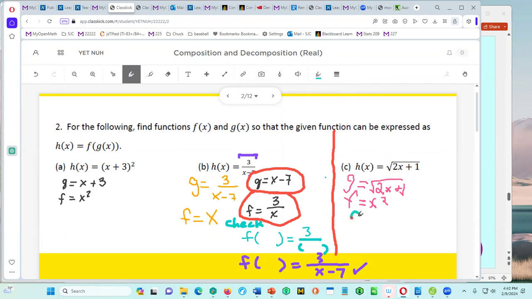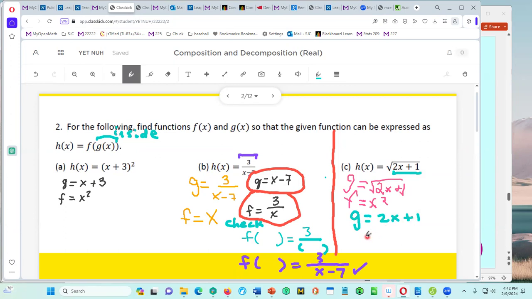And so we're going to let g be, okay, inside. What's inside? 2x plus 1. Notice g is the inside function. What's inside here? 2x plus 1.